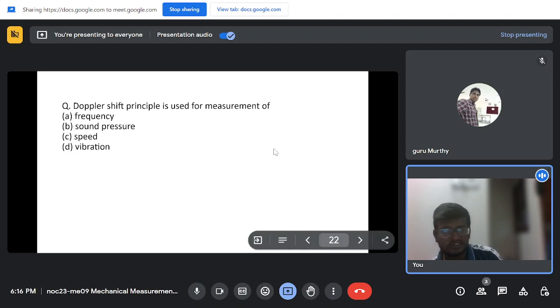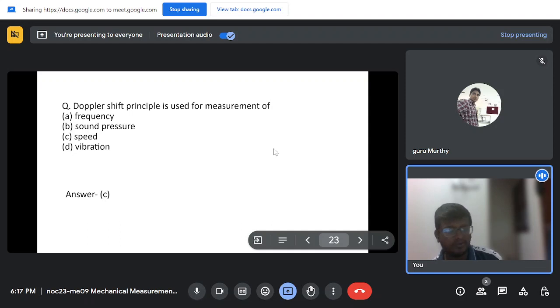A, frequency; B, sound pressure; C, speed; D, vibration. So the answer is option C, speed.